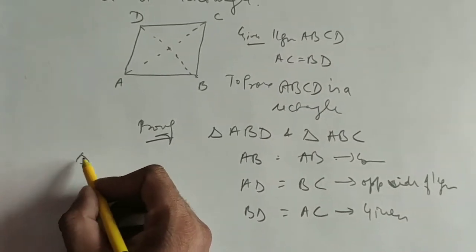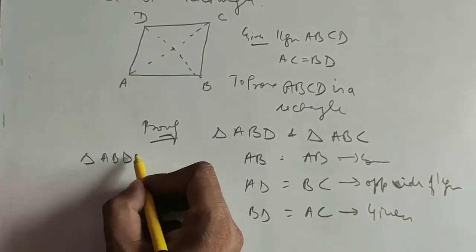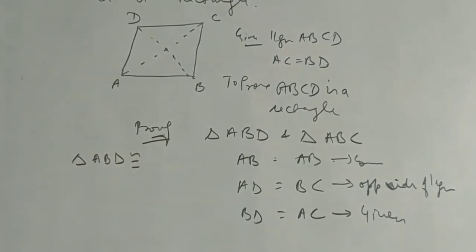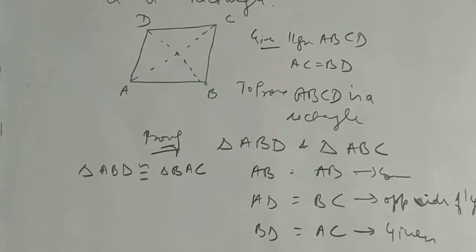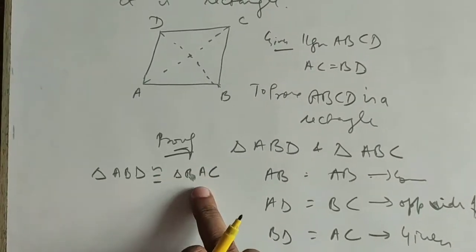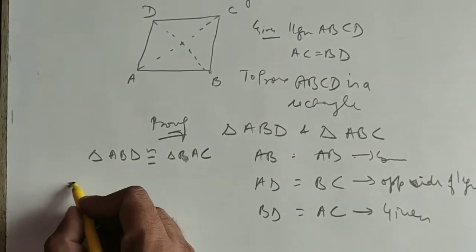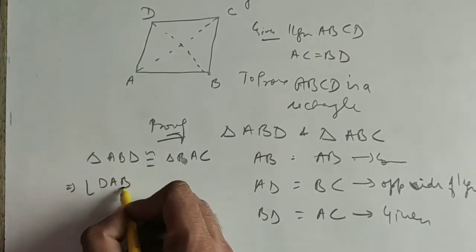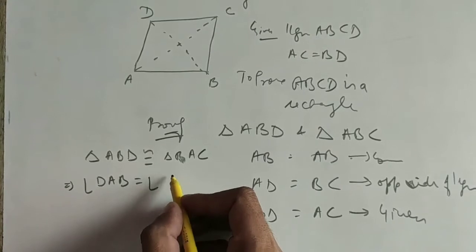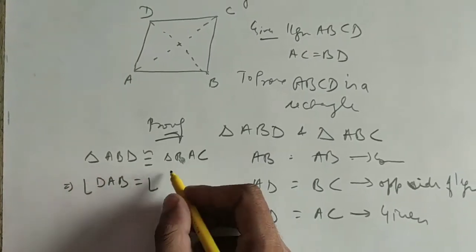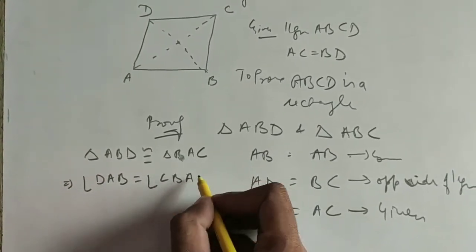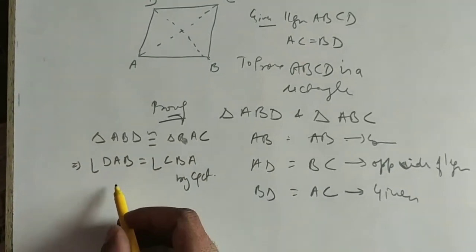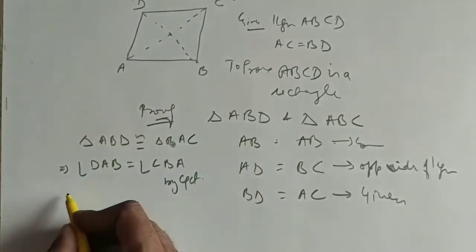Which triangle am I naming here? Triangle ABD will be congruent to triangle BAC. Okay, so from that we can clearly see that angle DAB is equal to angle CBA by CPCT. These two angles are equal, and we know that AD is parallel to BC.